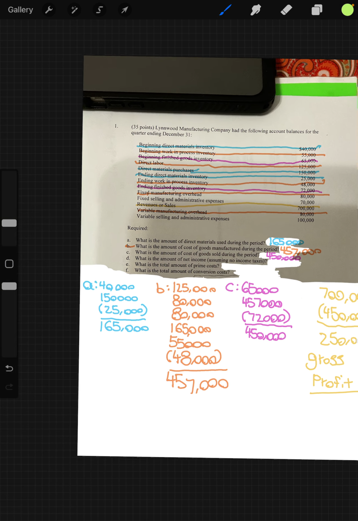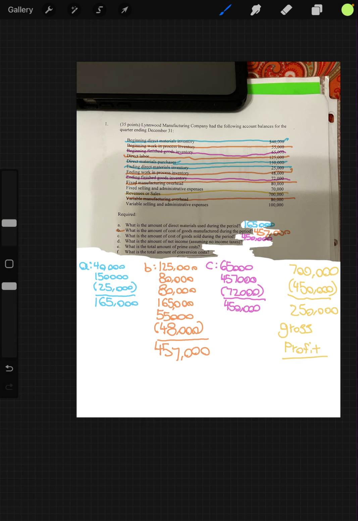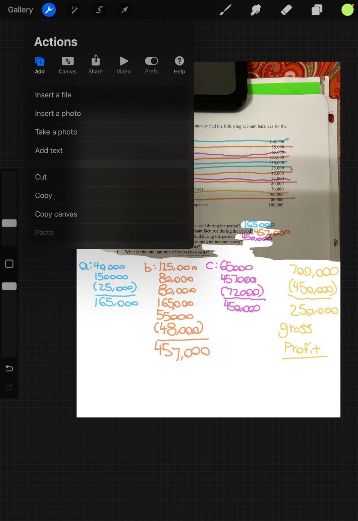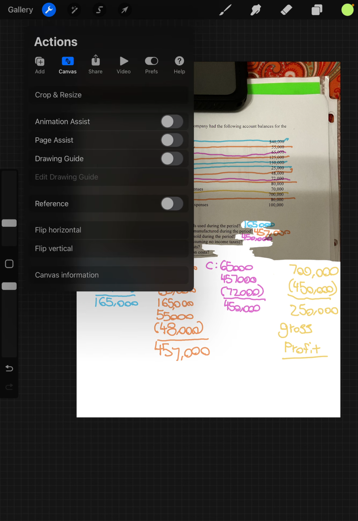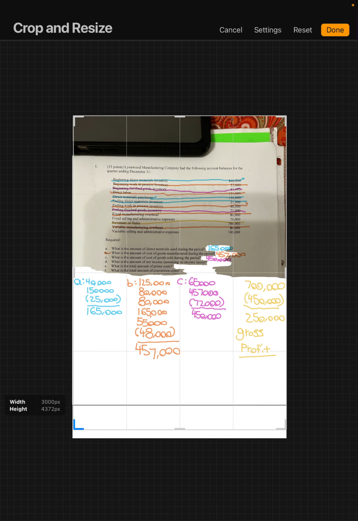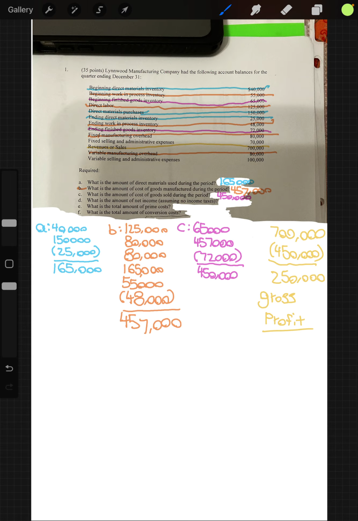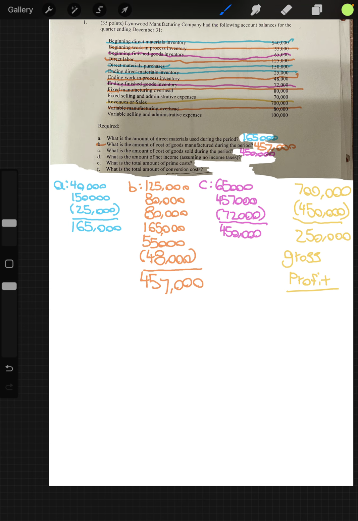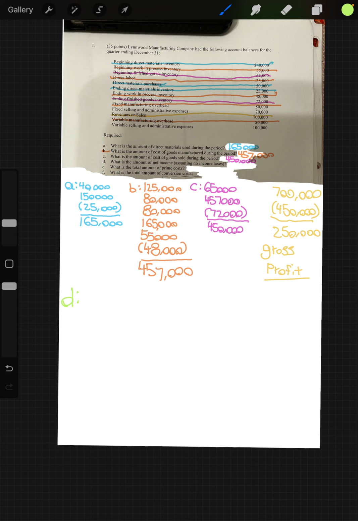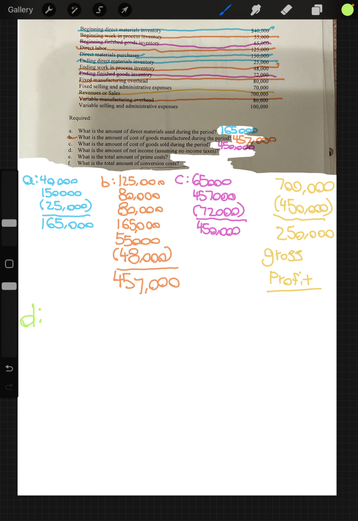So now we can solve D. And I'll expand the canvas a little bit. All right. So for D, we're going to take gross profit, 250.